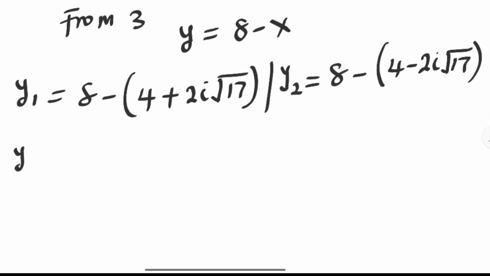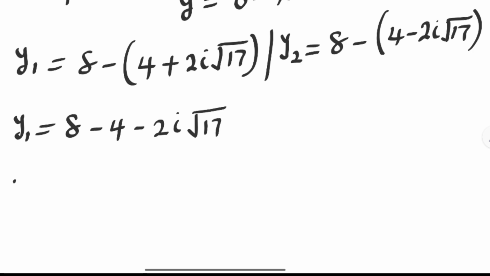Then here y1 is equal to 8. If you open the bracket with negative, here is minus 4 minus 2i square root of 17.